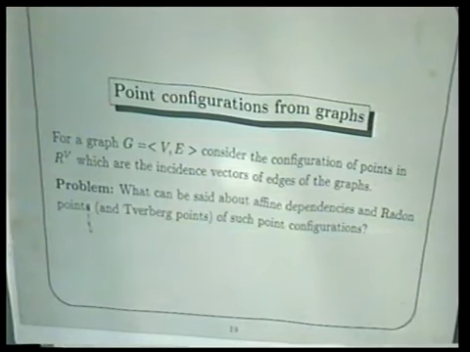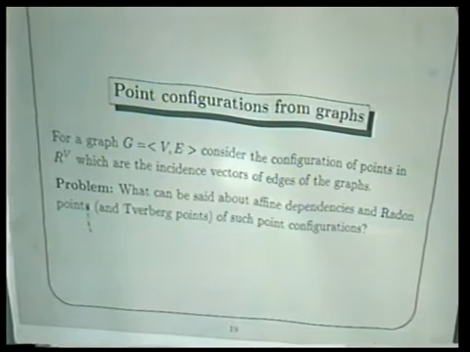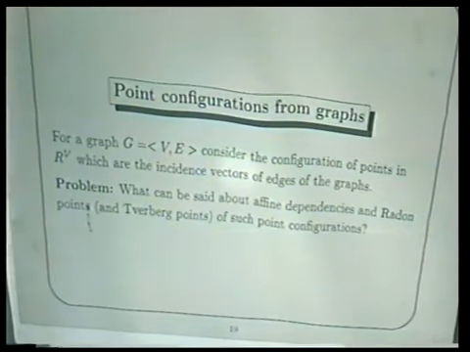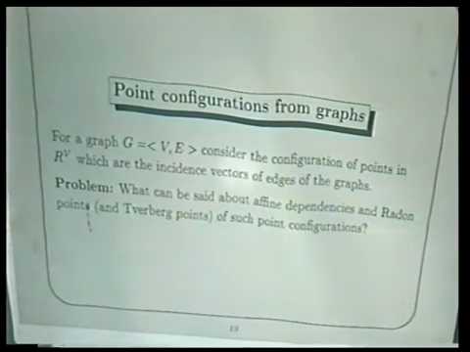You have a graph with a set of vertices V and a set of edges E, and you consider the configuration of points which are the incidence vectors of edges of the graph.